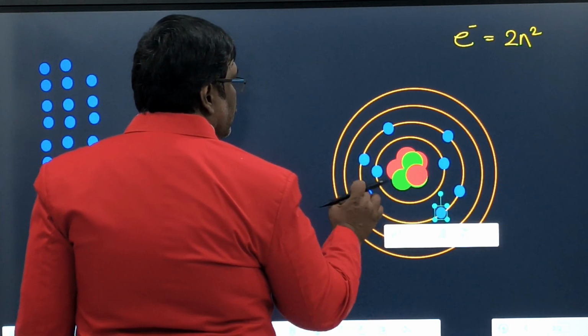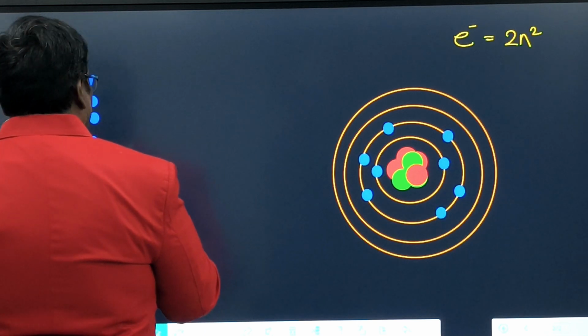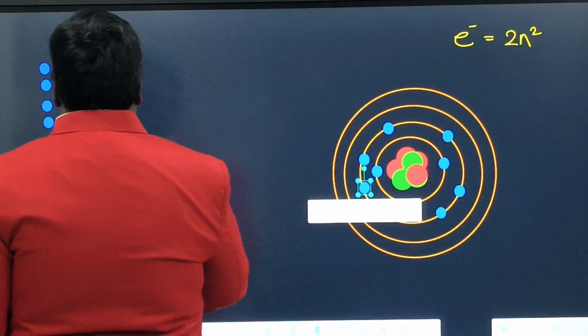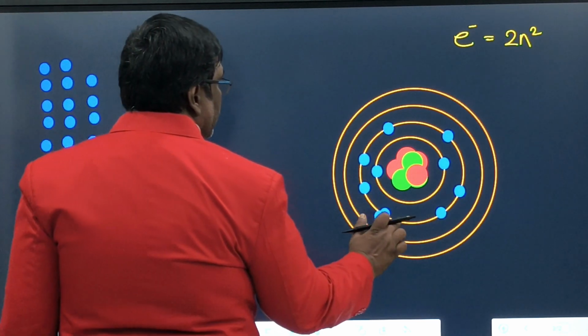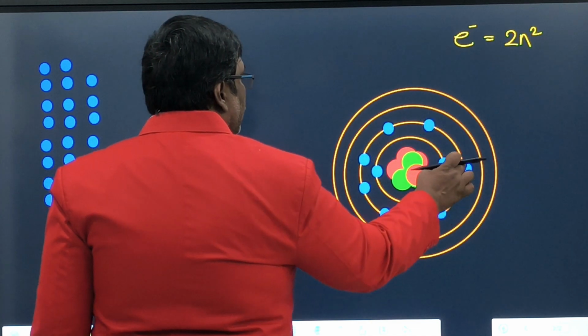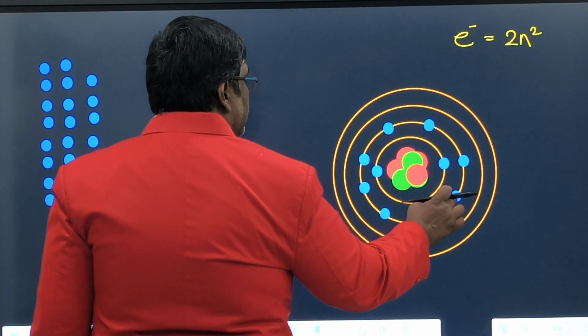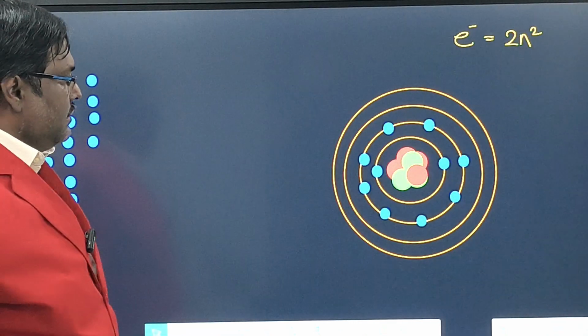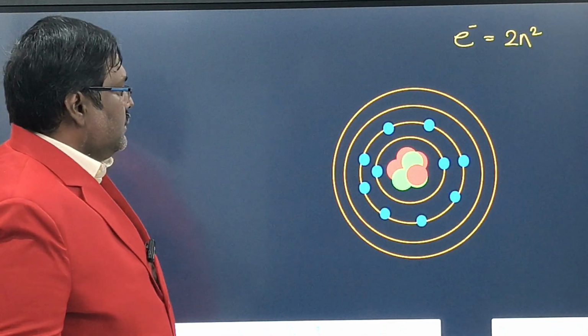How many have come? 6, 7 and 8. Little bit I will organize. So the second orbit has become 8 electrons.